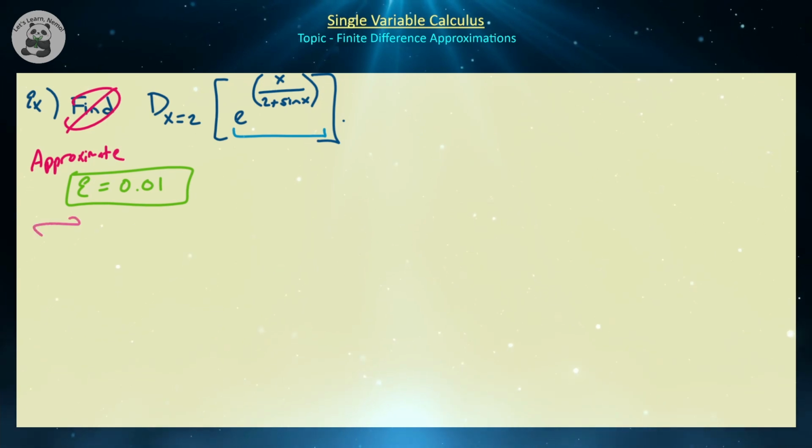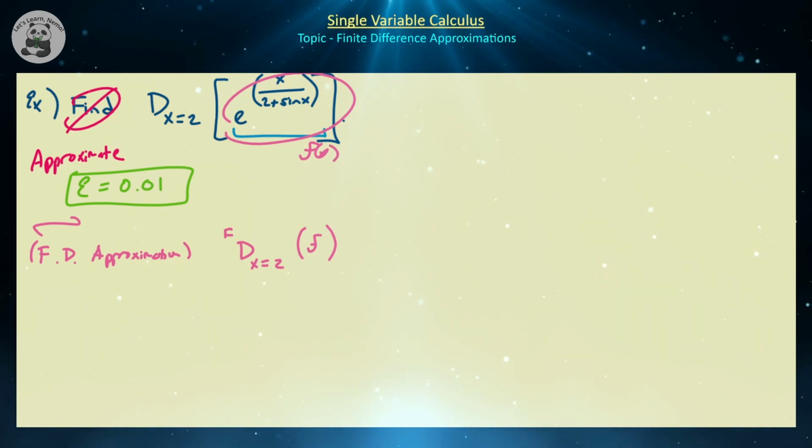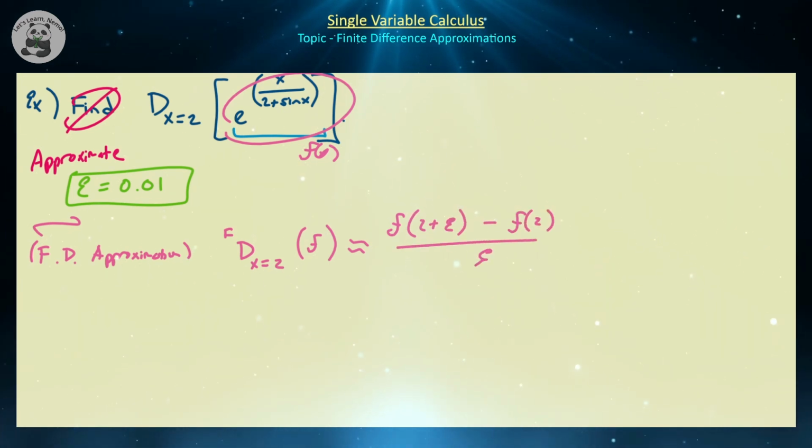So how do we do a forward difference approximation for this derivative? A forward difference approximation at x equal to 2 for this particular function, which we're calling f of x, is going to be approximately equal to f of 2 plus epsilon minus f of 2, all divided by our epsilon value.